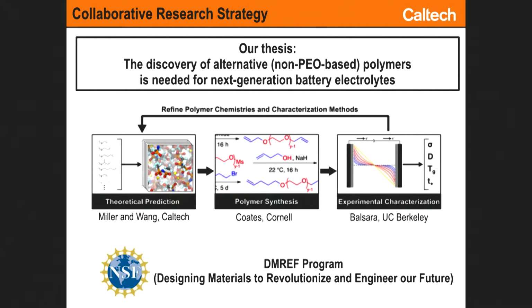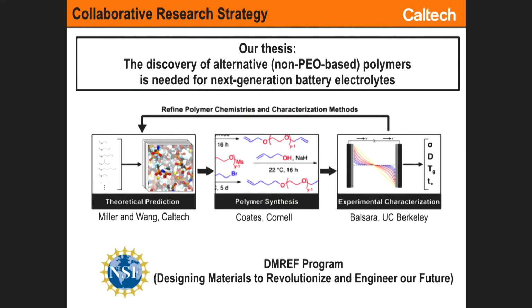So what we did is we set up a multi-institution collaboration involving two different theoretical groups here on campus, my group and the chemical engineering group of Zhengkang Wang, in which we would investigate large numbers of different polymer materials. We would then pick candidates that have appealing promise.